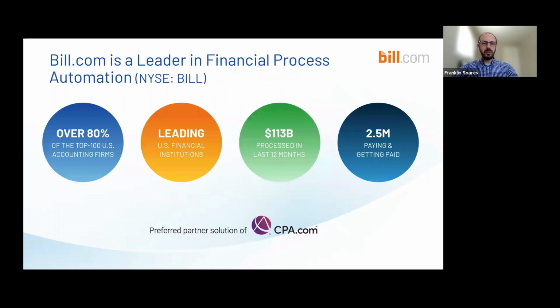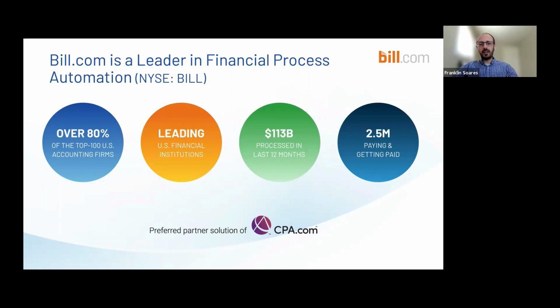Now, a little bit about Bill.com. Bill.com is a leader in the financial automation process. It's a public company. We're listed as Bill, B-I-L-L. Bill.com partners with over 80% of the top US accounting firms. It also has partnerships with leading US financial institutions, banks.